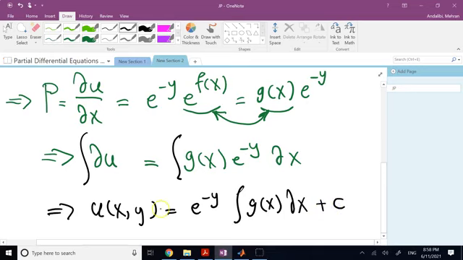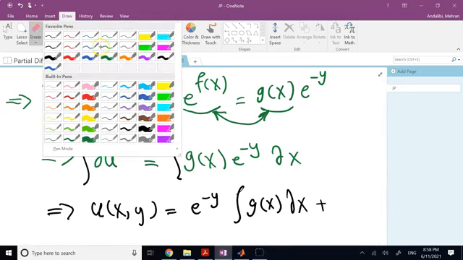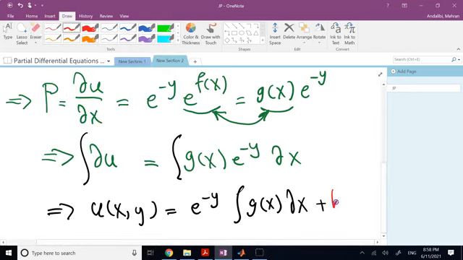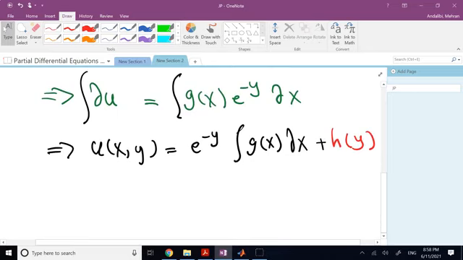But remember, here integration is done with respect to x. And when you do integration with respect to x, this c can be what? An arbitrary function of y. Because when you take x derivatives from both sides of this, then the derivative of the y equation with respect to x is 0. So instead of this c, I can replace it with something like h of y, where h of y is arbitrary.